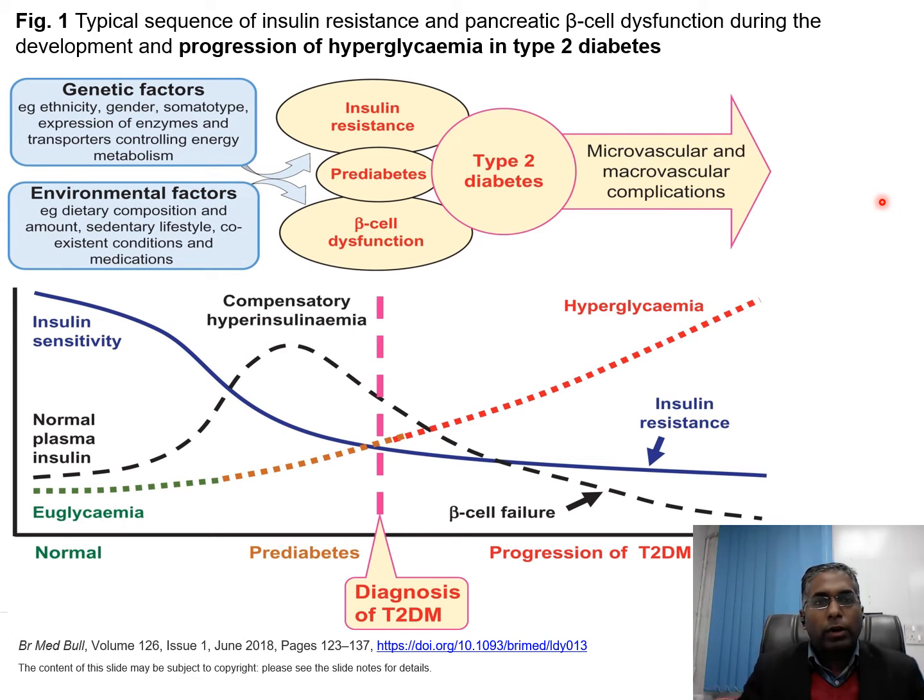This is a very important flow diagram which shows the typical sequence of insulin resistance and pancreatic beta cell dysfunction during development and progression of hyperglycemia in type 2 diabetes. In the normal state, there is euglycemia, normal plasma insulin, and high insulin sensitivity.